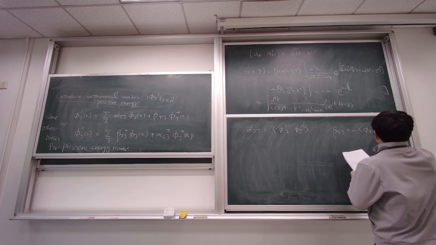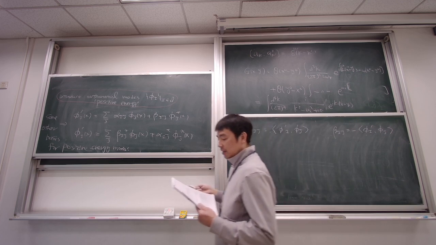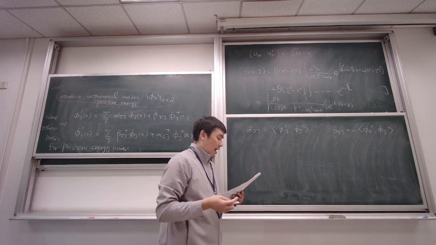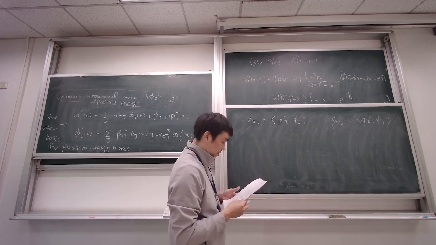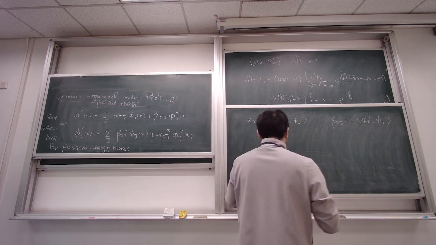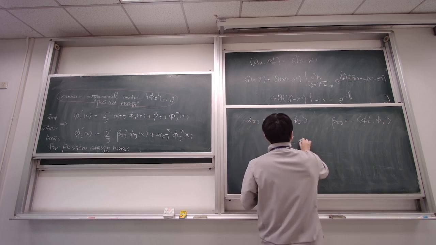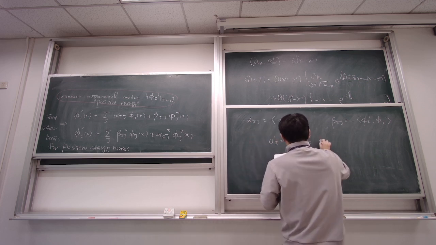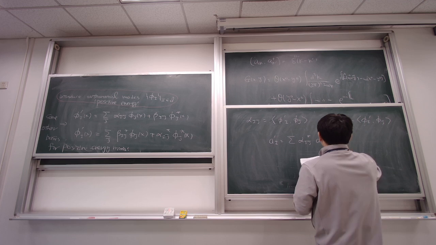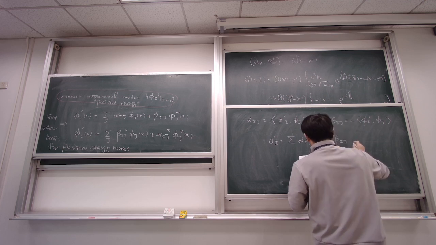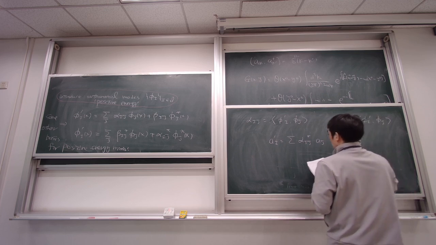And for the star, one can just take the star, but I think it's too easy for you, so I'm not going to write down two more. Okay. So using this, one can just show that a prime i is the sum of alpha ij, okay, like this way.